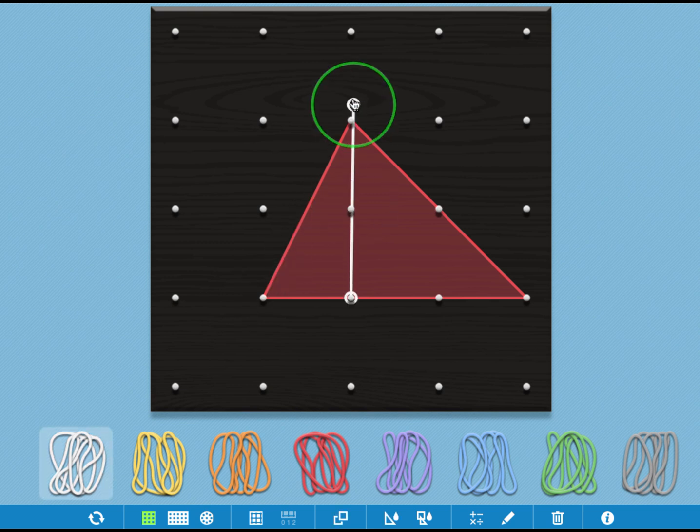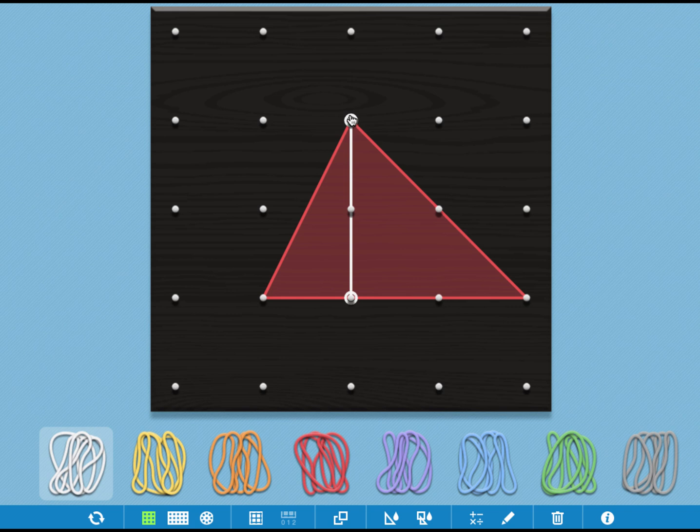The height always has to go from a vertex at a right angle to the opposite side. So that means the height has to be inside of this triangle. And this type of triangle is acute because all the angles are less than 90 degrees.